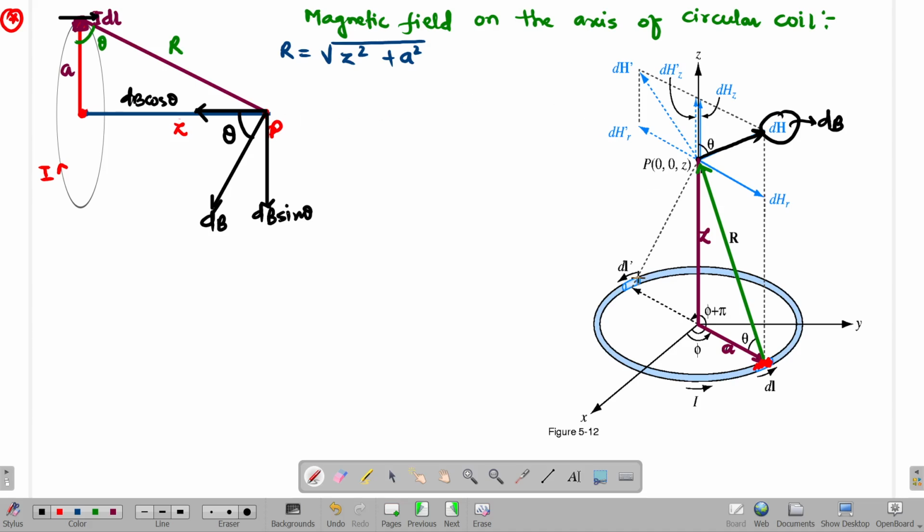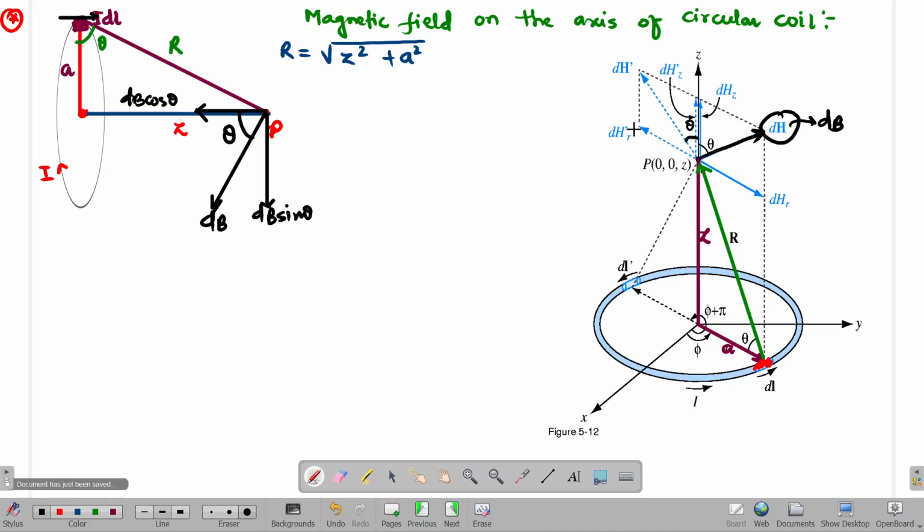So the point is very simple. When I just considered dL over here, there is an identically opposite dL in the opposite direction or not? Now for that also I'll get some magnetic field perpendicular to its dL component. And once again, if this angle is theta, this angle is also theta. So what do you observe?